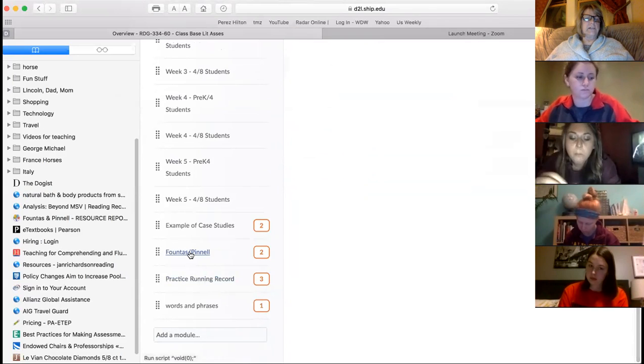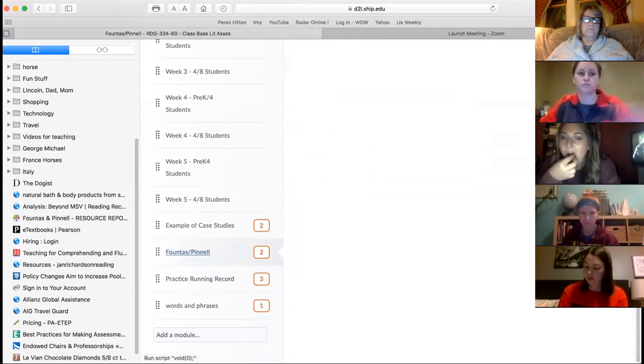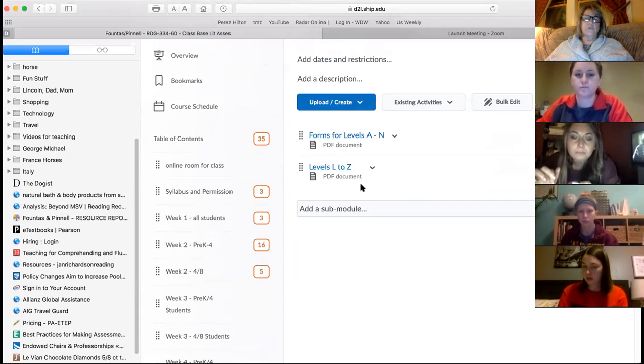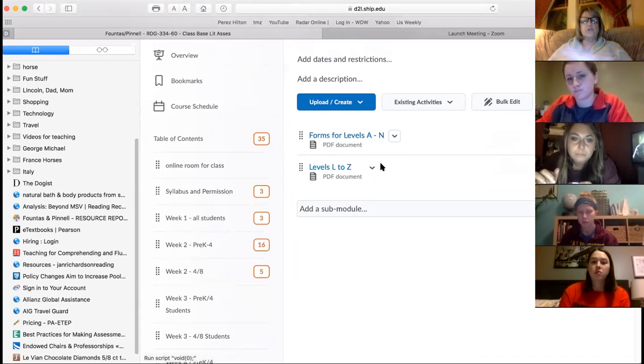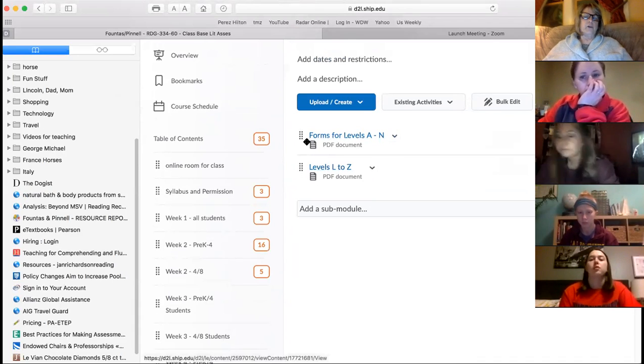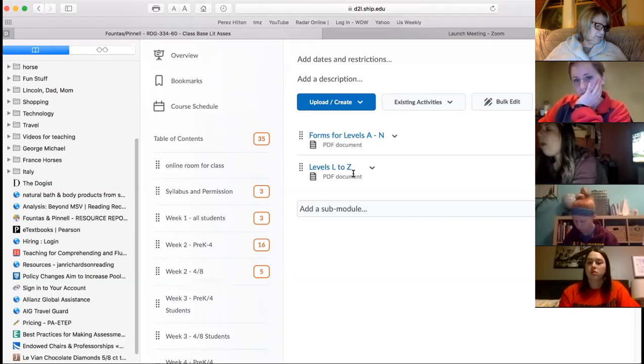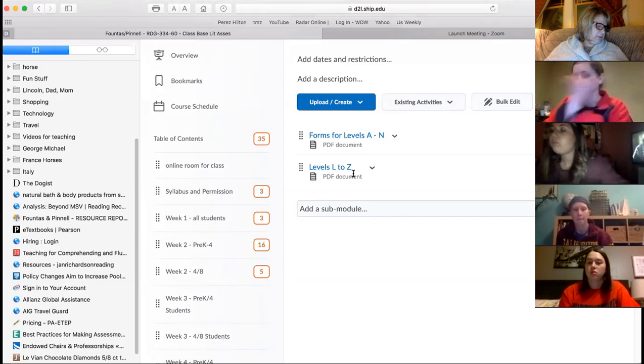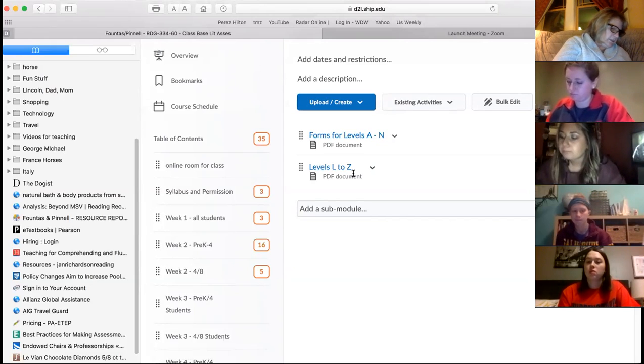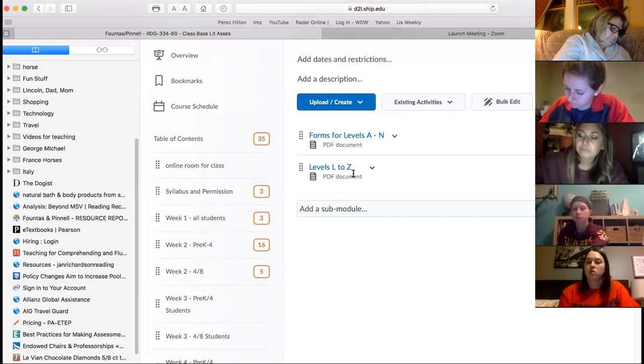So you're going to click on that. And you see there's 2 huge files. There's a file for books between levels A and N, and another file for levels L to Z. So I don't know if anyone got any at the higher levels.